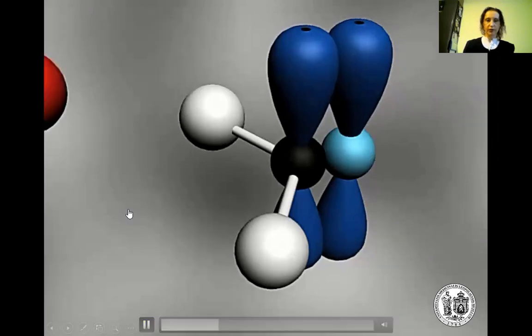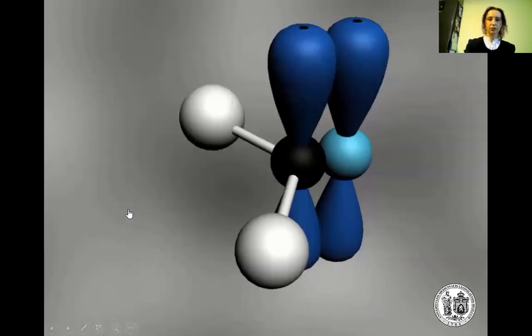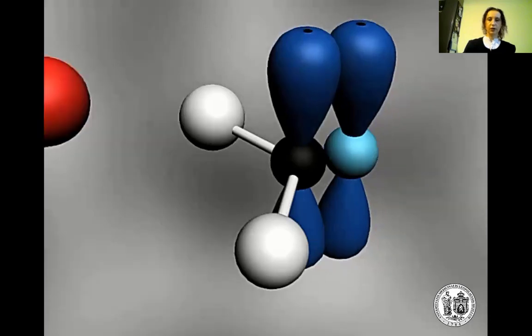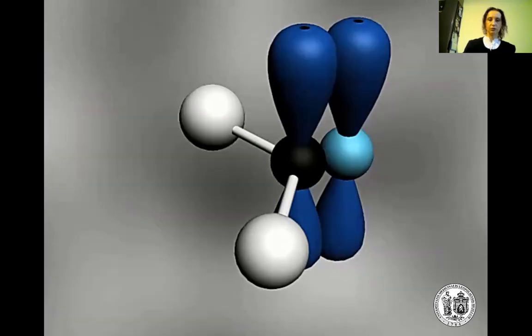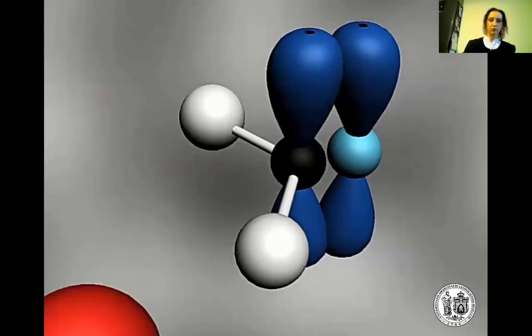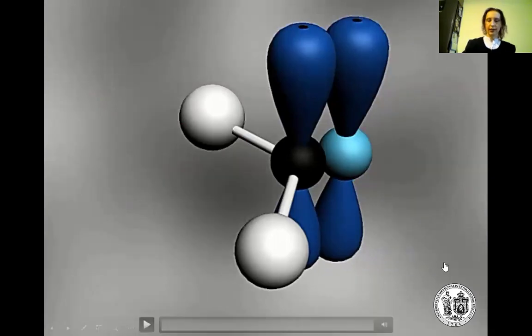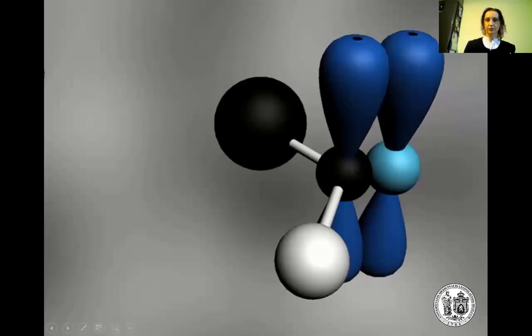So you can see how the nucleophile attacks this carbon atom. At the next slide, we can see an aldehyde.